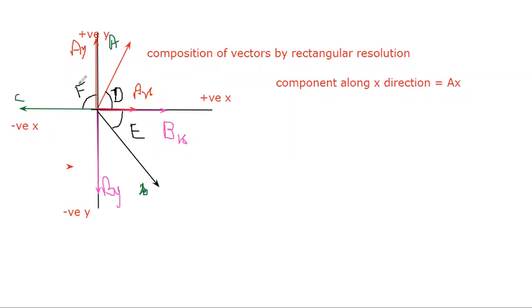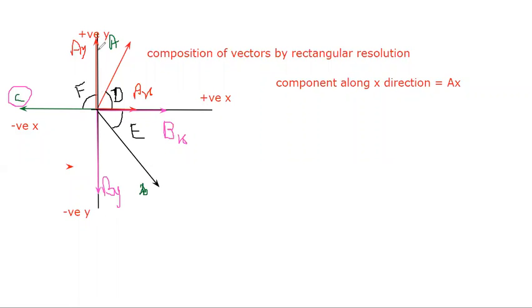The component would have been C cos 90°, which is 0.